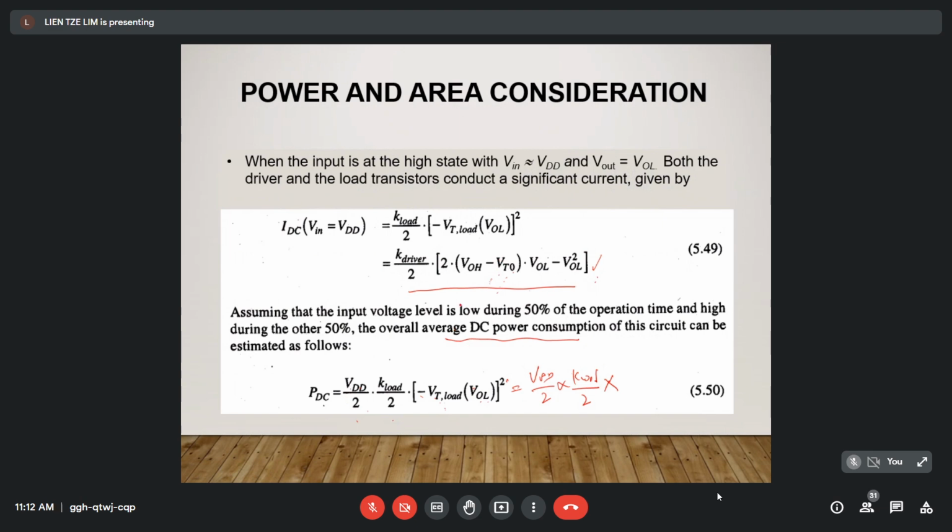Okay, so remember that drain current only occurs when the driver is in linear mode, meaning the input is high. When there is a drain current, it means that there is power dissipation. Power dissipation we can determine using this formula 5.50.